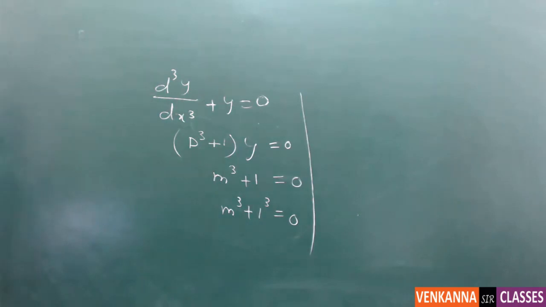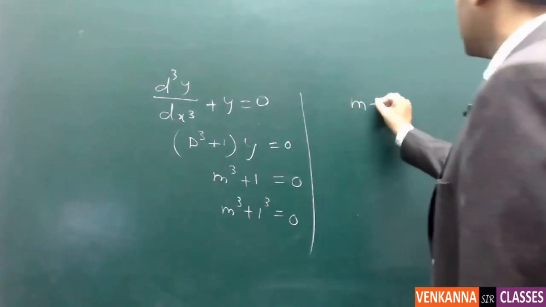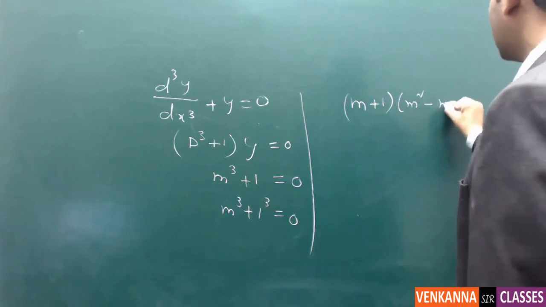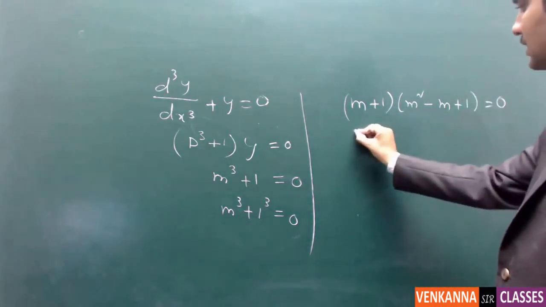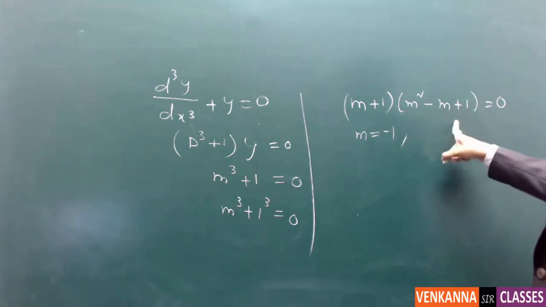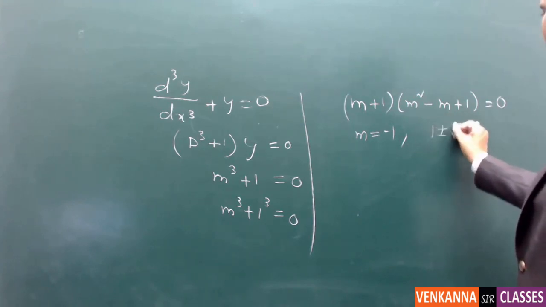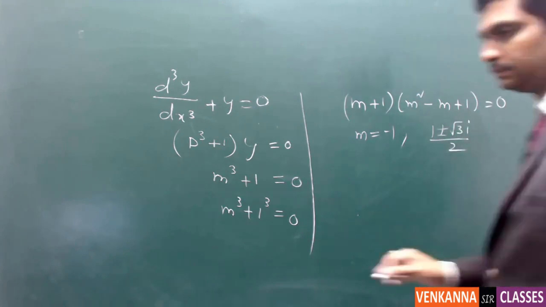This is of the form a cube plus b cube equal to 0. So what happens? The formula is m plus 1 into m square minus m plus 1 equal to 0. So for this, m equal to minus 1 is the root. If you apply the minus b plus or minus formula here, you will have 1 plus or minus root 3 i by 2 as the value. Accepted?